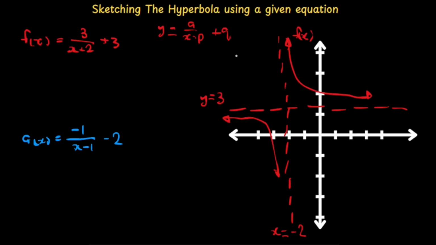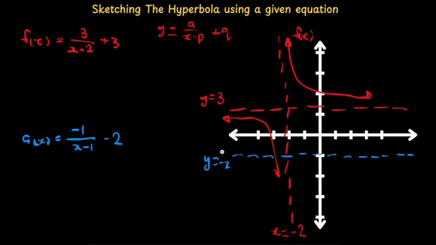So looking at our standard equation for a hyperbola, we can see that the q value is in fact the y value of the horizontal asymptote. So in the case of the equation of g, we can see that the q value is in fact -2. I simply have to sketch in a horizontal line at y is equal to -2. So I'm going to estimate that and sketch it in. Let's label that y is equal to -2.